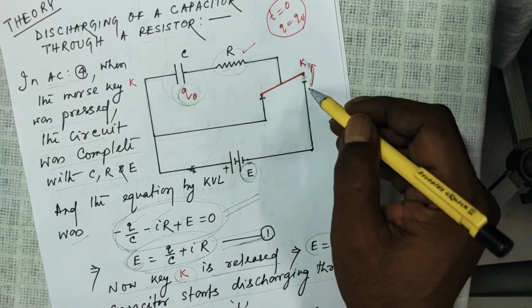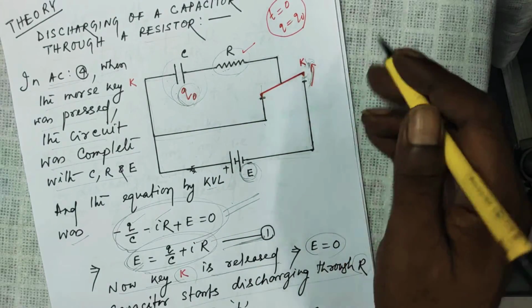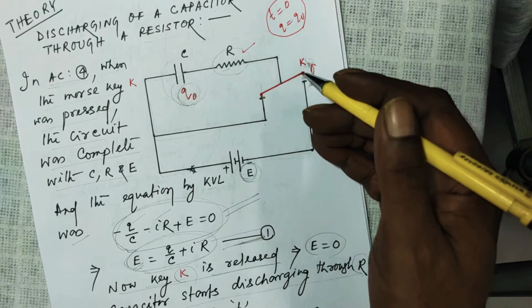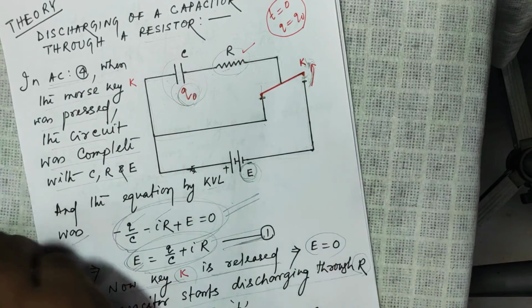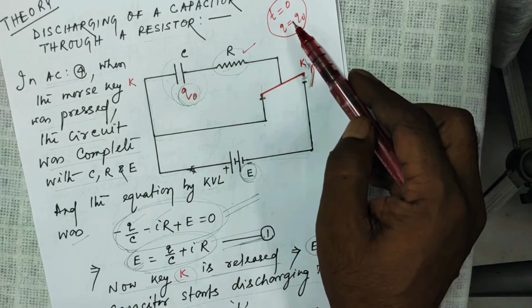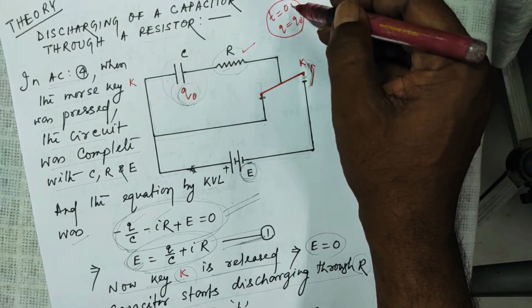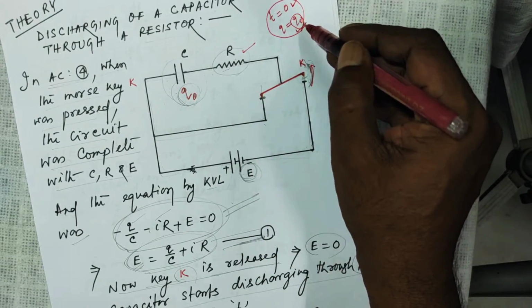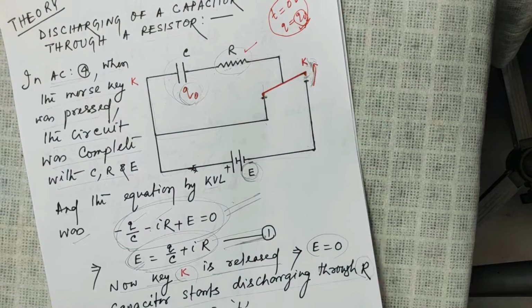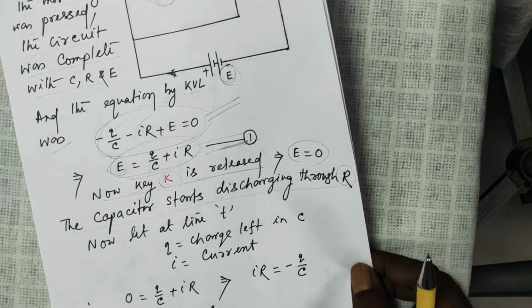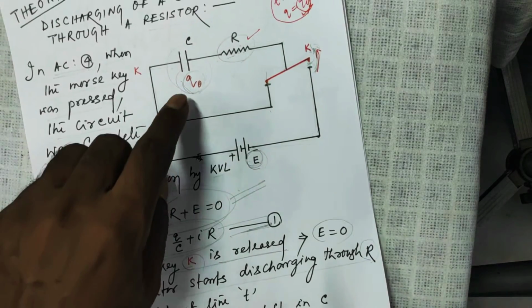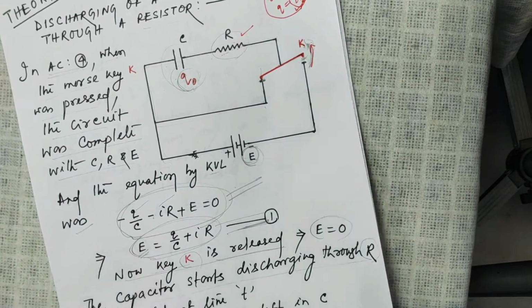Now all of a sudden this key is released. Now you start counting time again for the discharging of the capacitor. So now t is equal to 0. When the discharging process started, what was the charge in the capacitor? Q naught, the maximum. So now let us go ahead. Now the charge in the capacitor is decreasing from Q naught. It is gradually decreasing, right?